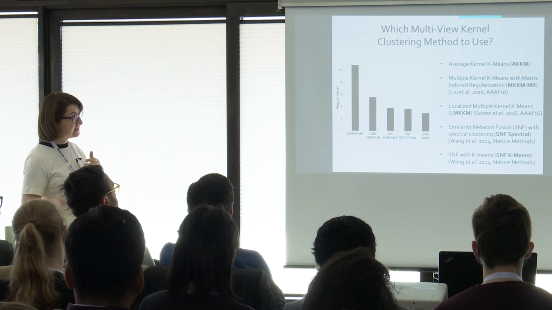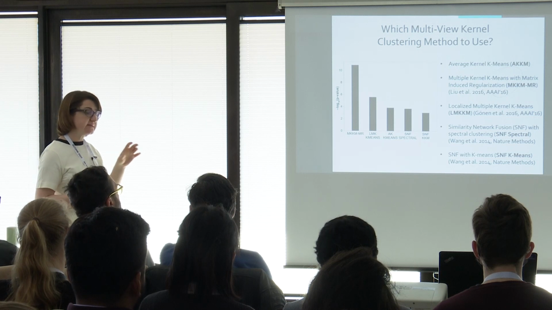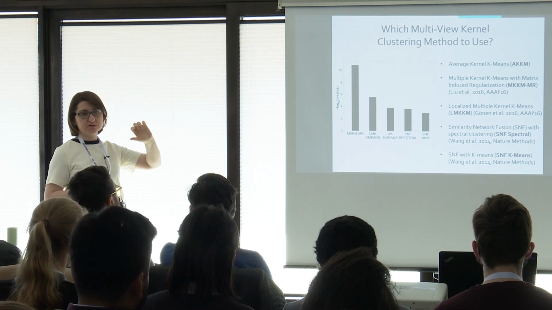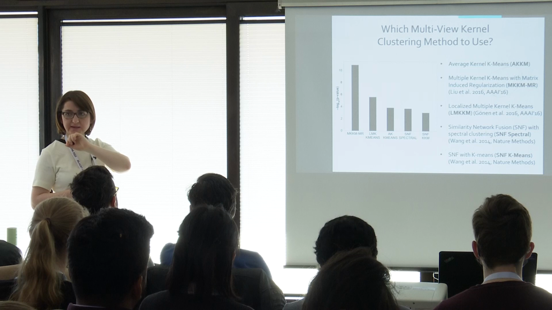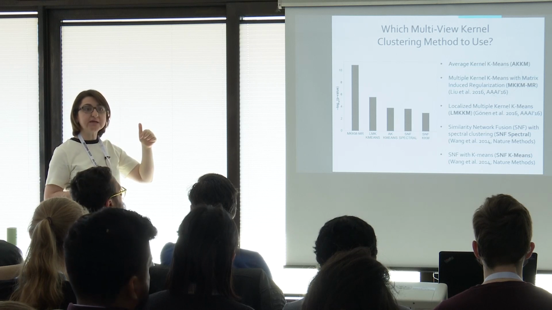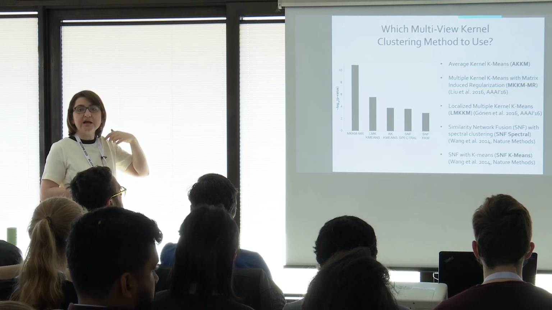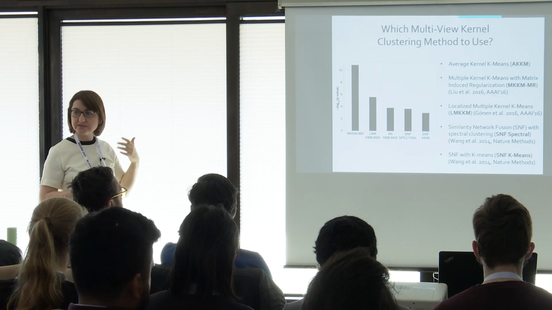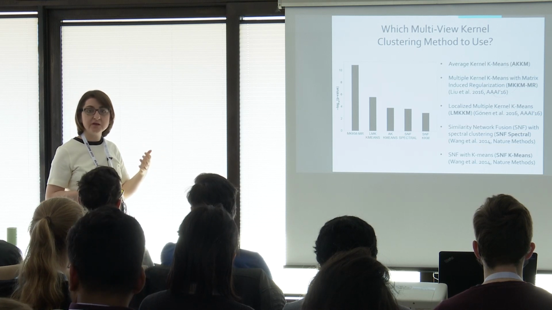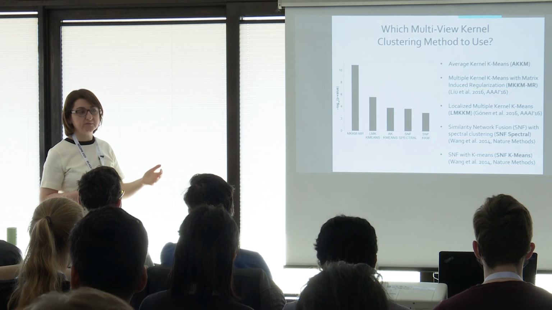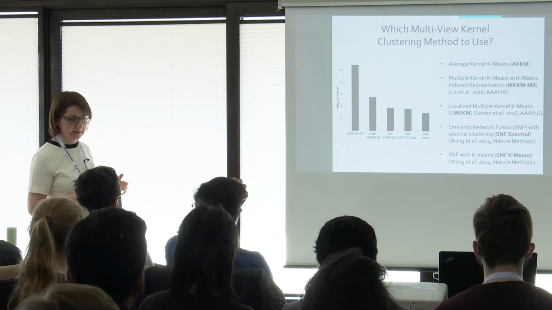The nice thing about this method is that it tries to assign weights to the kernels that it's combining. And these weights are indicative of which kernel has been useful in my clustering. That's going to help us interpret which pathway or which kind of data type has been useful in the clustering.